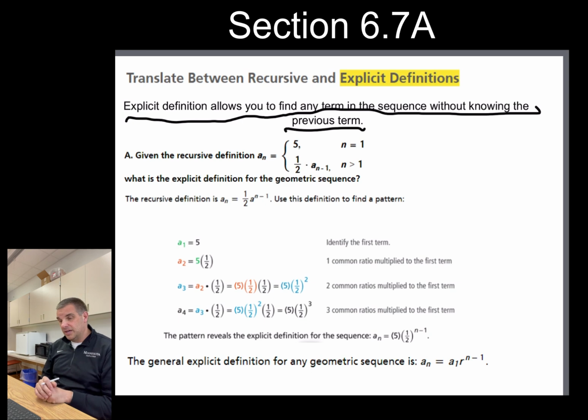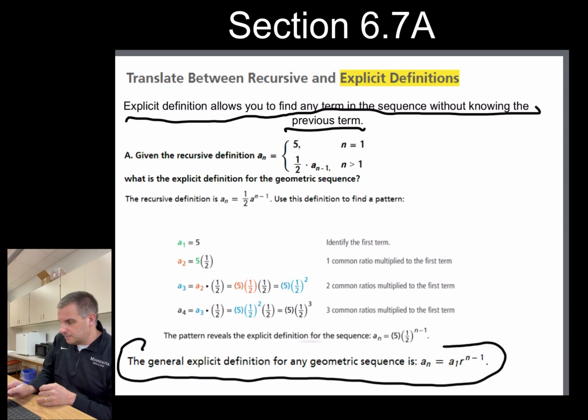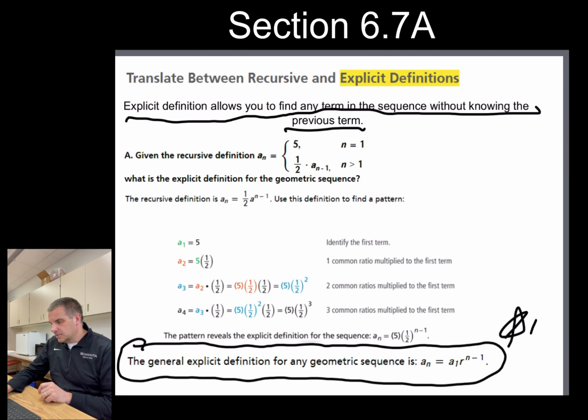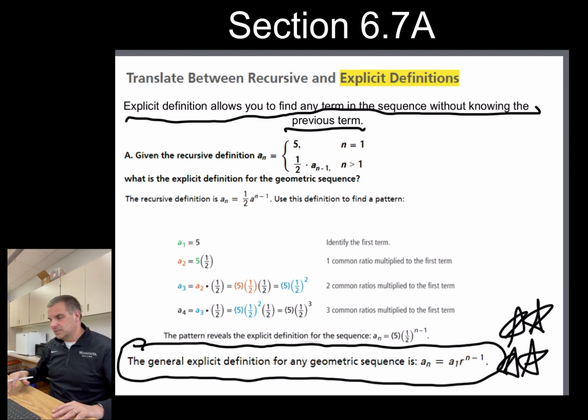So you can read through that yourselves. But in general terms, the general explicit definition for any geometric sequence, and this needs to be in your notes, starred, highlighted, and everything like that, is a of n is equal to a of 1 times r to the n minus 1.